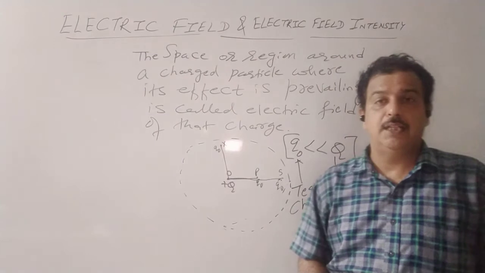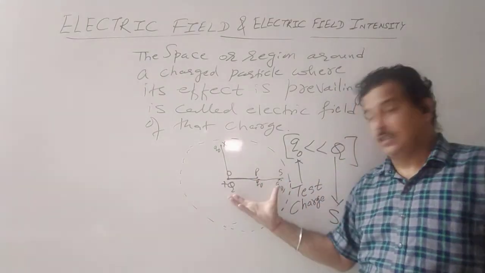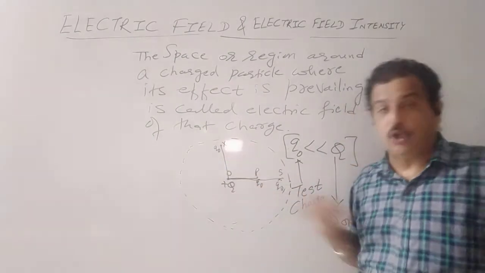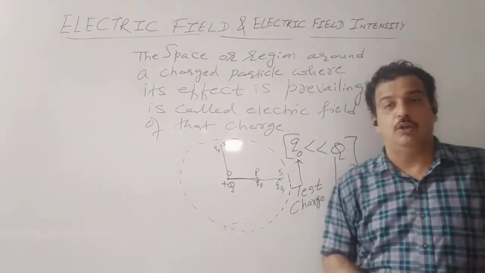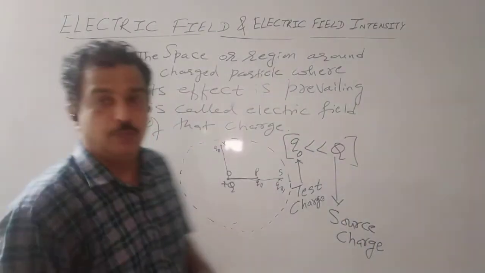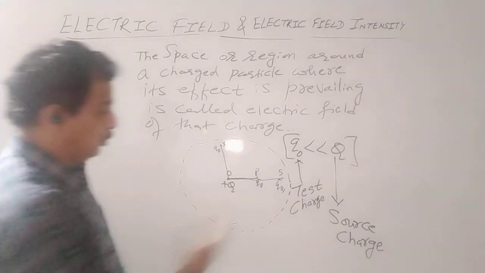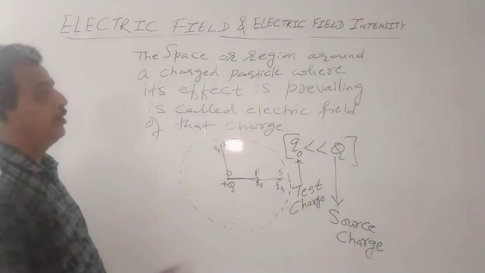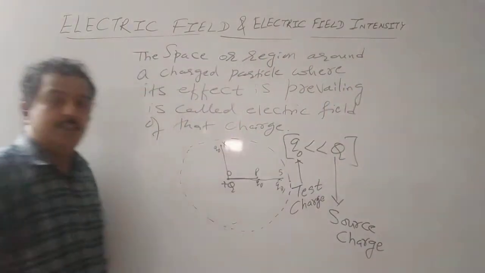To determine the strength of the source charge, how much force of interaction it produces at different points. And from Coulomb's law or from the inverse square law, it will be very easy to say, as you are away from the source charge, the effect will be less. So, instead of using this word effect, now we introduce a new physical word, the electric field intensity.